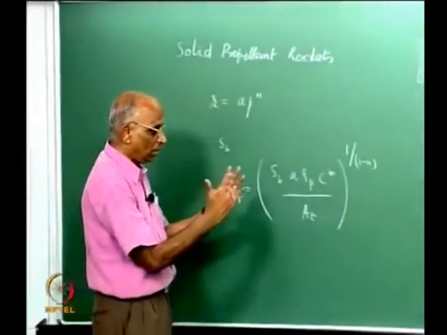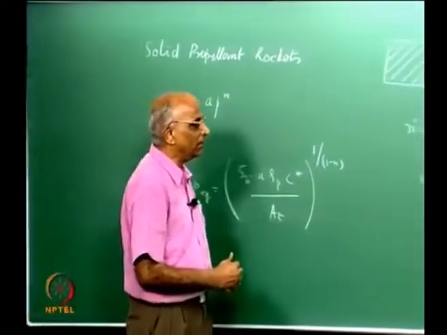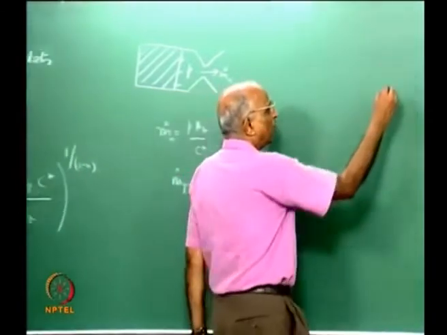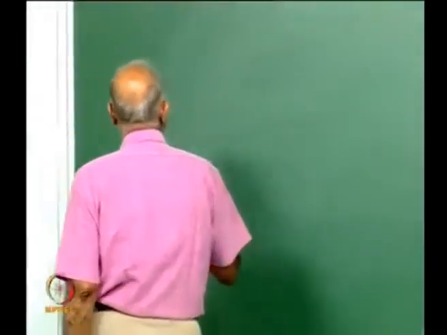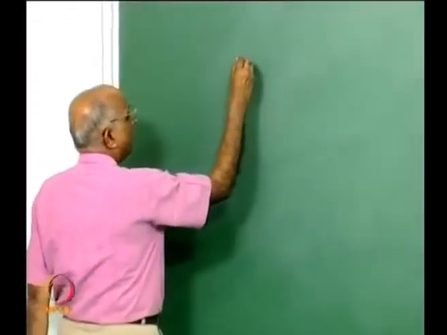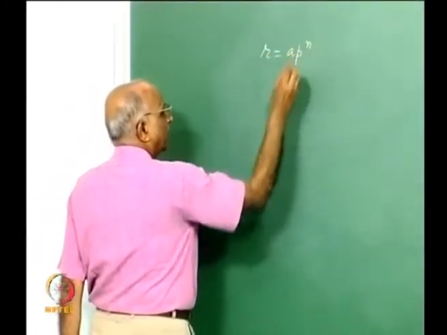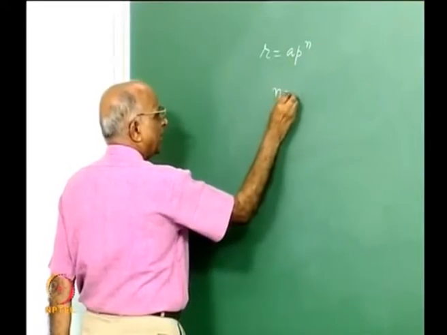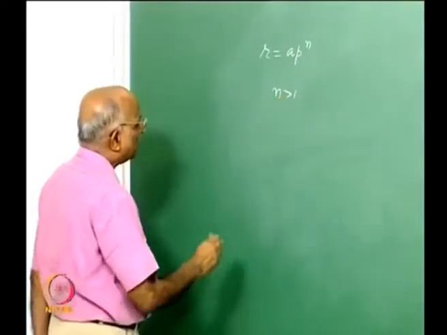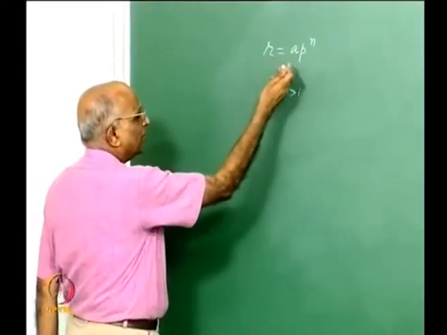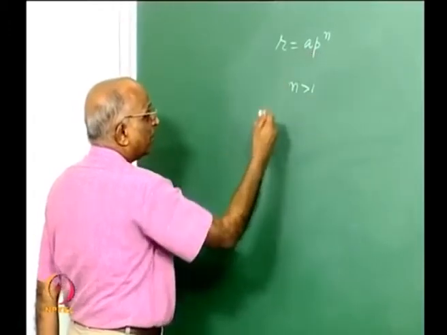But we also learned to look at it graphically. When we have n in the burn rate equation, r = aP^n, if n is greater than 1, how does the burn rate law change as pressure changes? Let us make a plot.